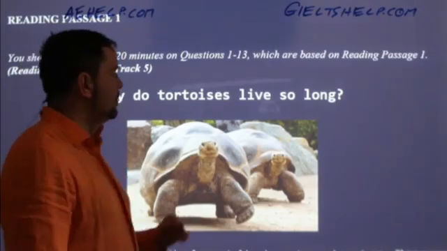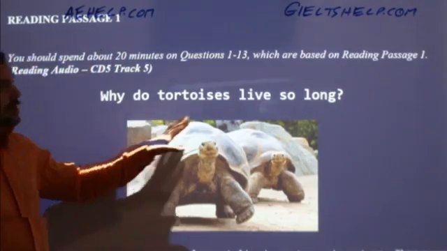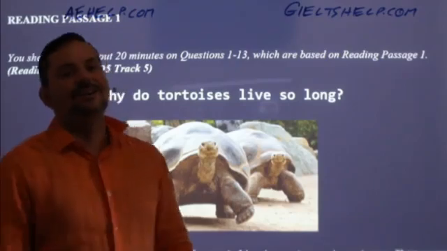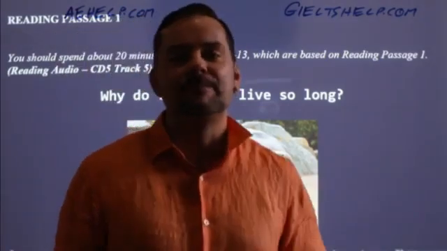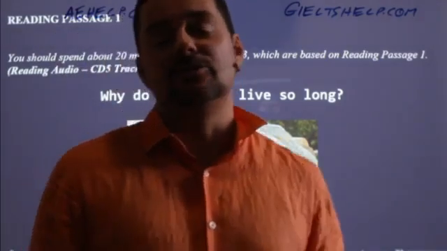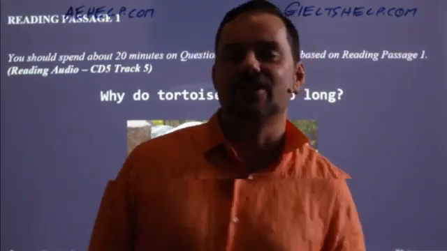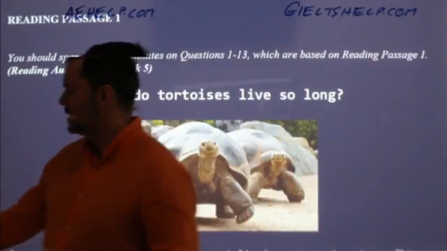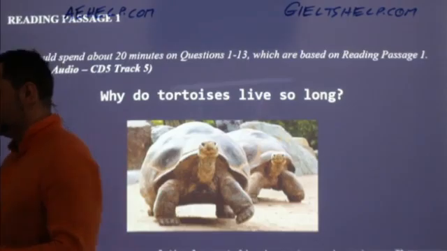Okay. Now, when the title is a question like this, it's immediately a hint that you should think about the answer and try to predict the contents of the passage.